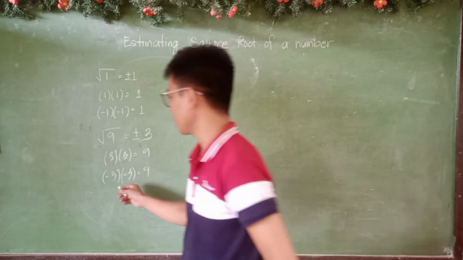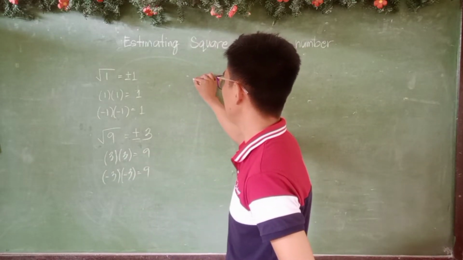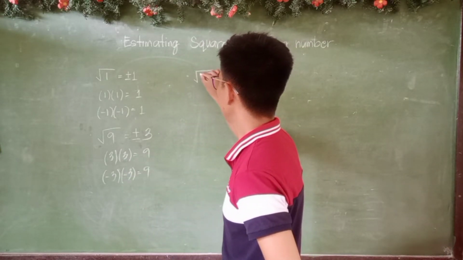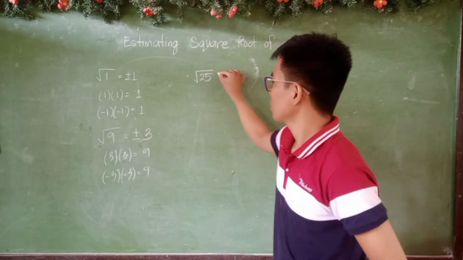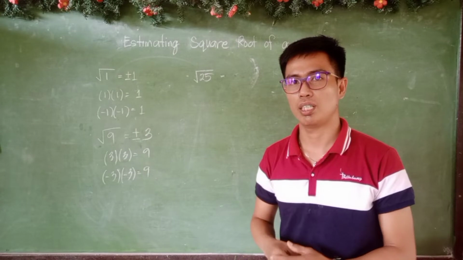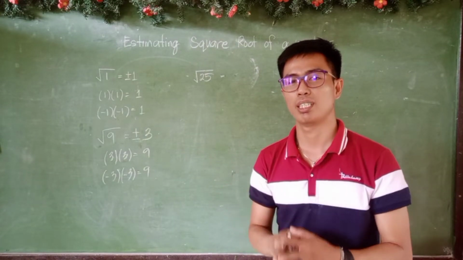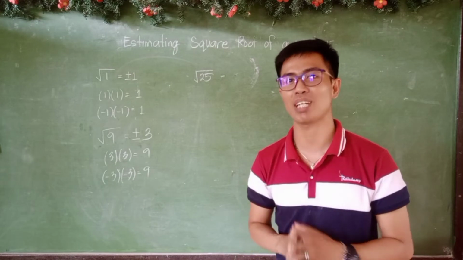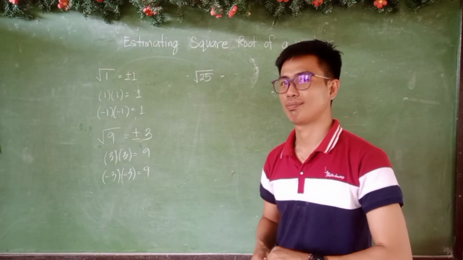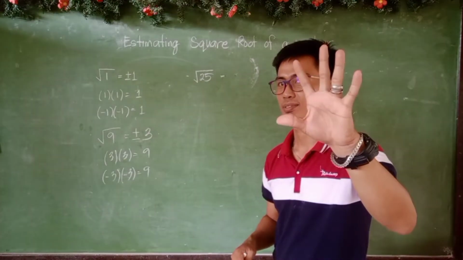So let us try another. Let's say we have the square root of 25. What number when multiplied to itself, the result will be 25? Yun yung magiging square root ng 25, and that is 5.